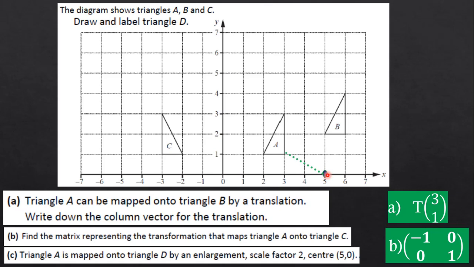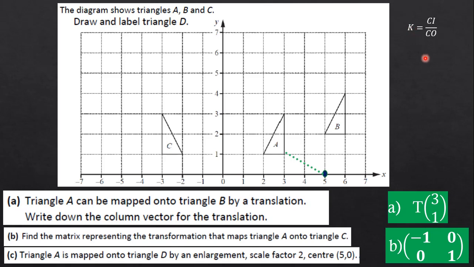In enlargement, you know that the scale factor is equal to the distance of the image from the center divided by the distance of the object from the center, represented by the equation k equals CI divided by CO. And students, since the scale factor is 2 and the distance of this vertex from the center is -2 in x direction and 1 in the positive y direction, this CO will be multiplied with the scale factor 2, means 2 times -2 in x direction and 1 in the positive y direction.